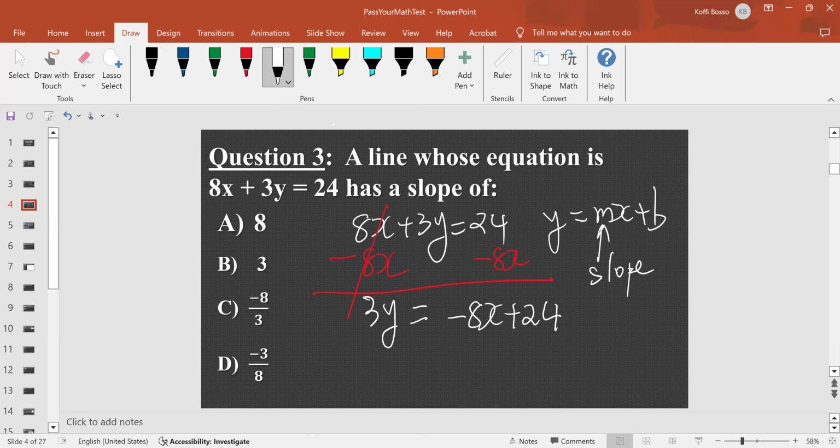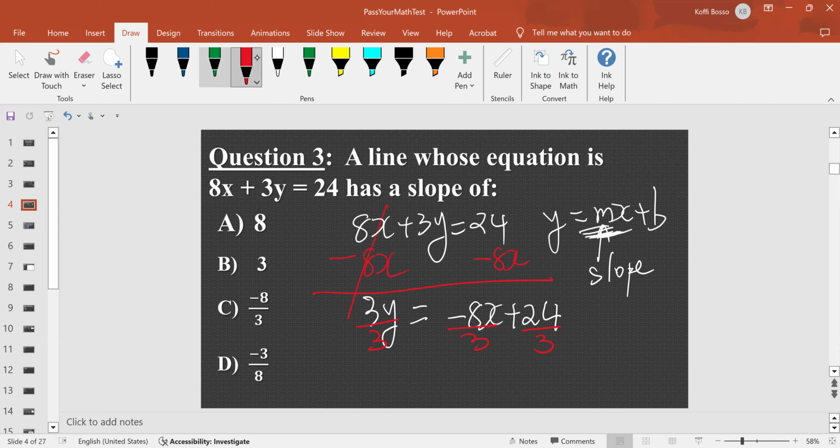We have 24 minus 8x, but I will write it as negative 8x plus 24 because I'm looking for the form mx plus b, something x plus something. Therefore, to get y alone, we will divide everything by 3.